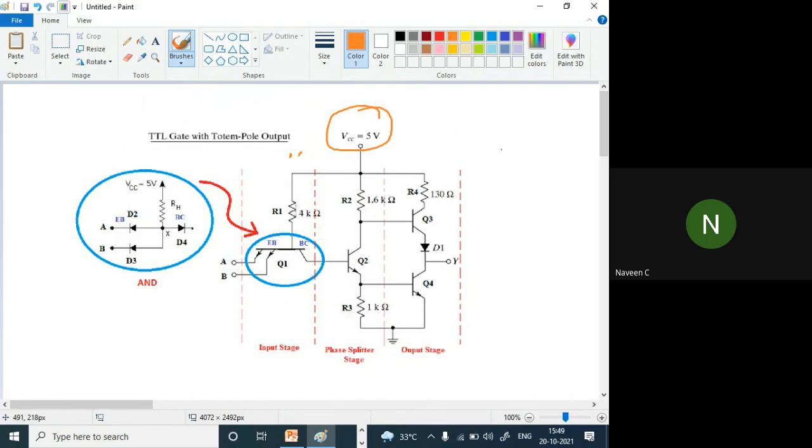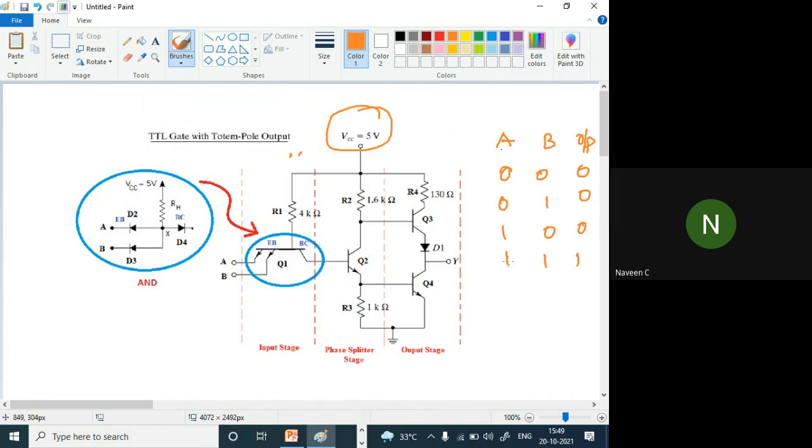I am writing the AND gate table with A, B and output: 0 0 gives 0, 0 1 gives 0, 1 0 gives 0, 1 1 gives 1.